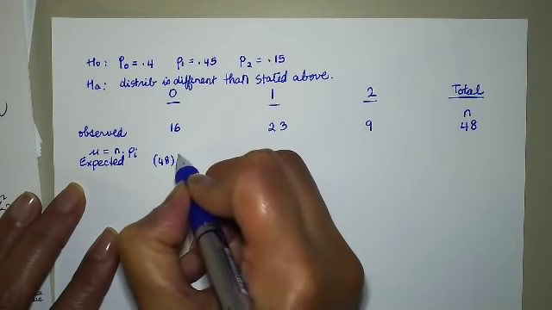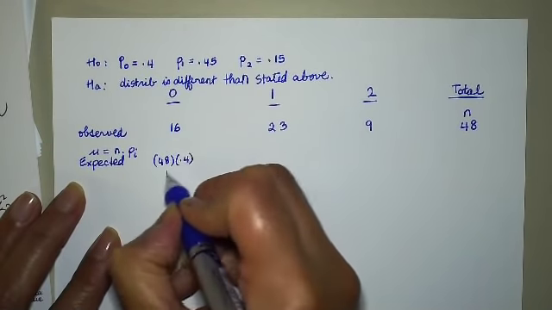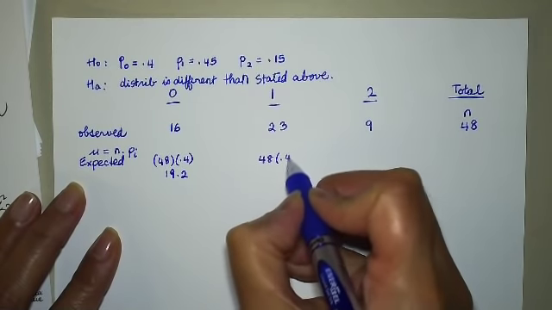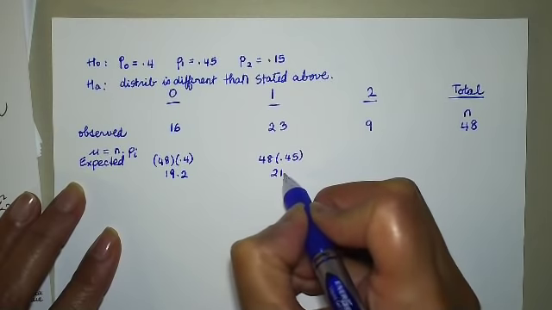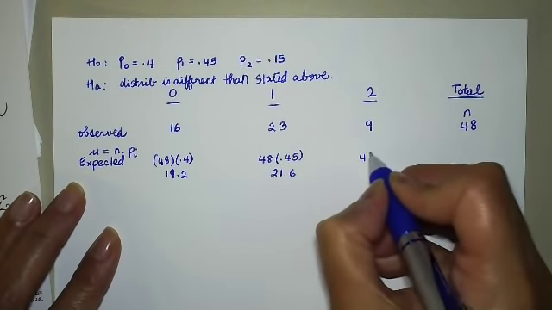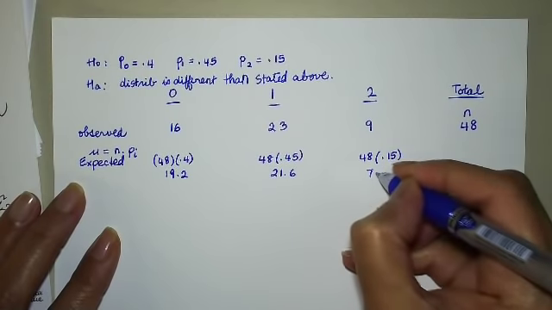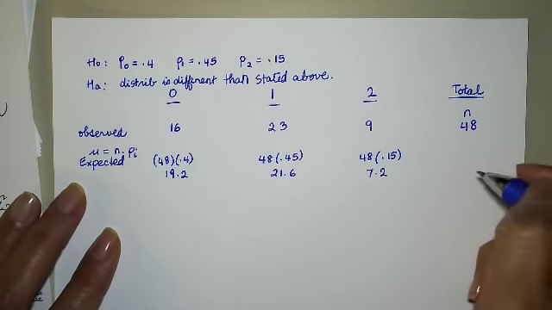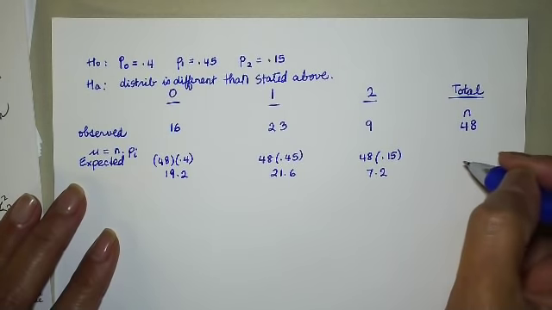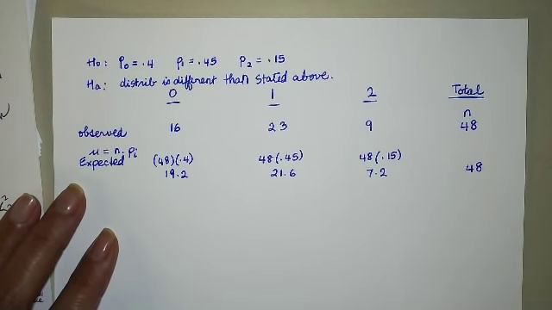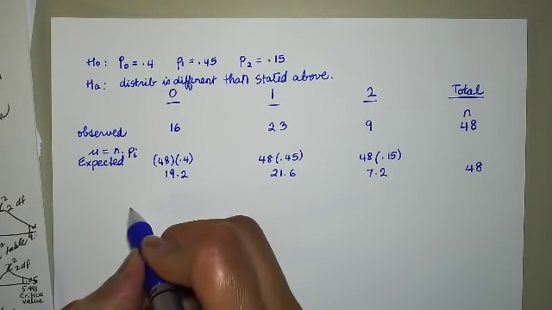So 48 times 0.4 gives me 19.2. 48 times 0.45 gives me 21.6. And 48 times 0.15 gives me 7.2. Do not drop any decimals. Keep all the decimals. And the total again, of course, is 48.